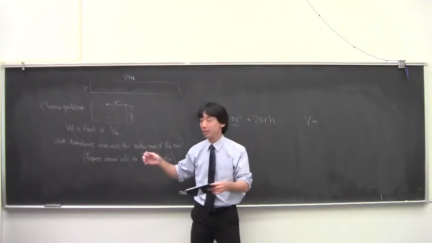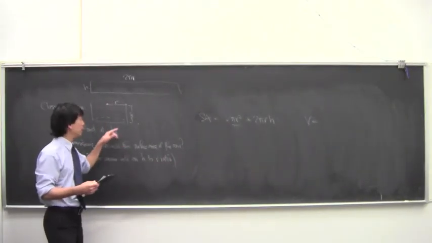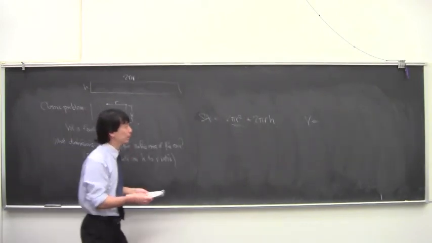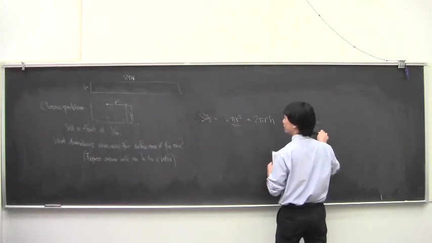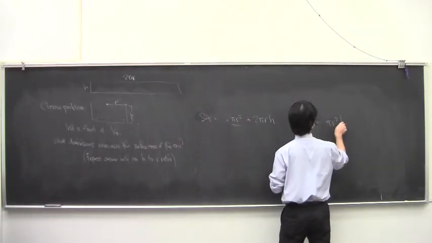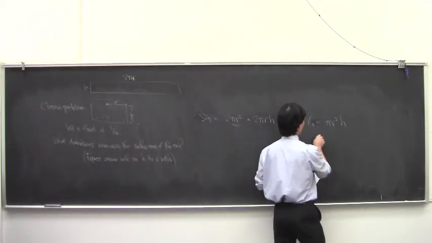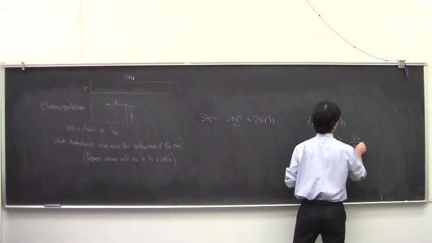They can't vary independently of each other because the volume is fixed, right? So as the r changes, the h is dependent on it, or vice versa, right? So we know that the relation is pi r squared h is that volume, and so for example, h is v naught over pi r squared.